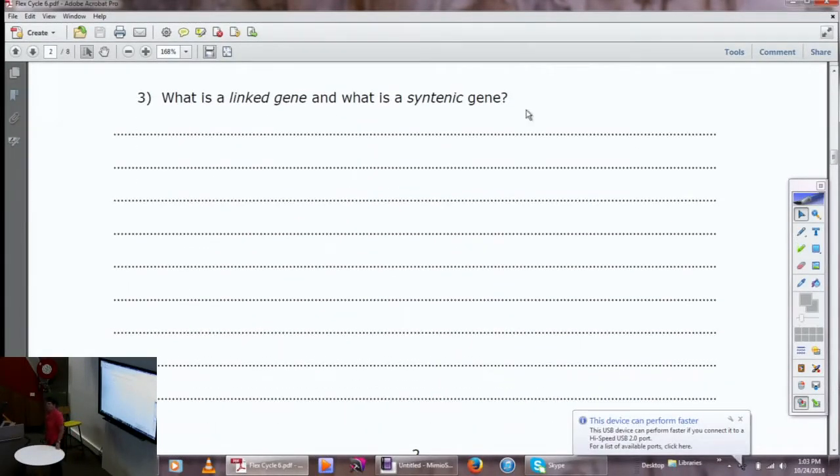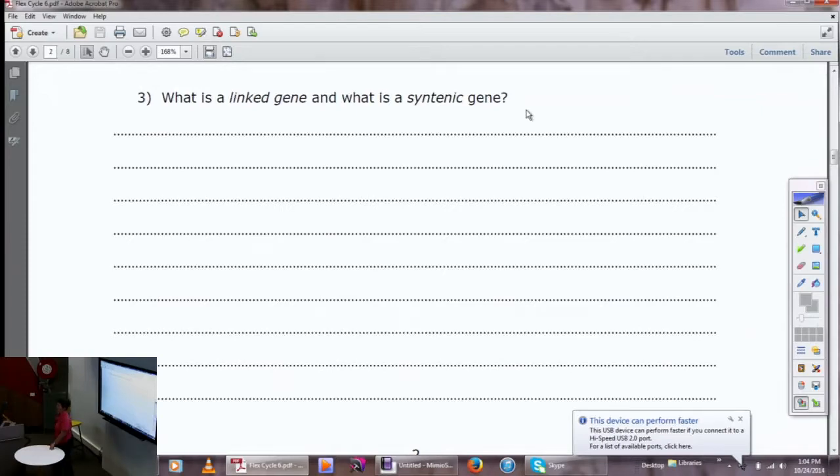A linked gene versus a syntenic gene. I actually like to start this with a syntenic gene definition. Genes that are syntenic are on the same chromosome. Genes that are linked are genes that are close together on the same chromosome. If genes are linked, they are always syntenic.